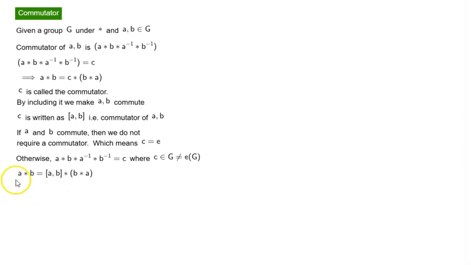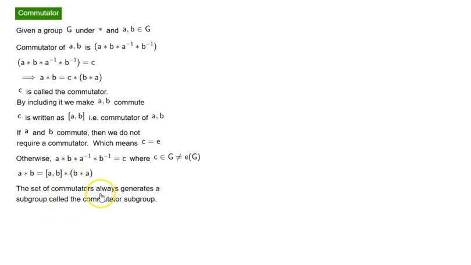So we write this as A times B is equal to the commutator of A and B times B times A. So let me restate this. What this commutator does is it allows us to equate A times B and B times A.